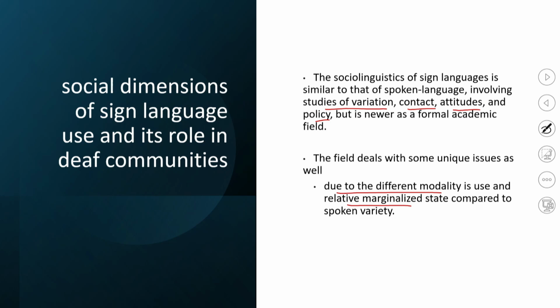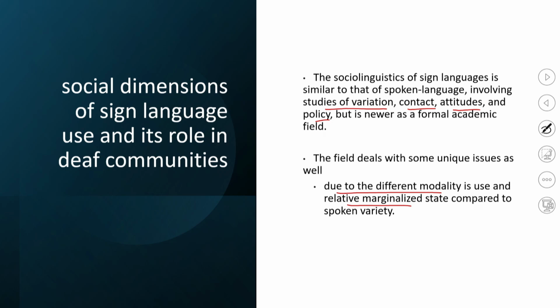Similarities are that the domains that we study for sociolinguistics of vocal language are similar to those of sign language, but in the domain of sign language we have added variables like the modality as well as the marginalization. Now, of course, things are better, but until some time back it was quite marginalized and as a result not very prestigious.